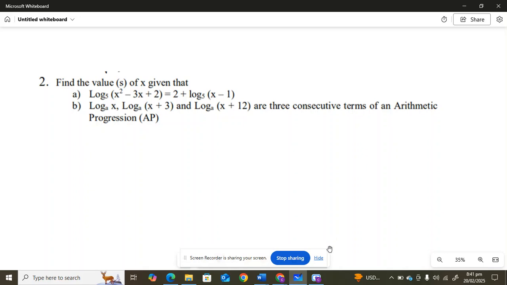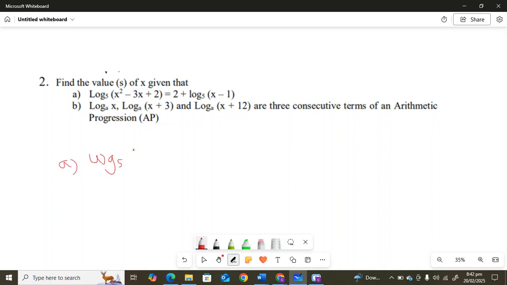Okay, so we write it down like this. So basically, this 2 in this equation, we have to put it in log base 5.